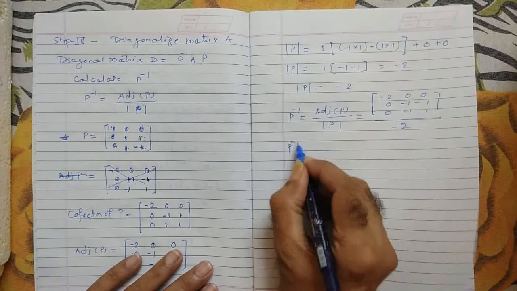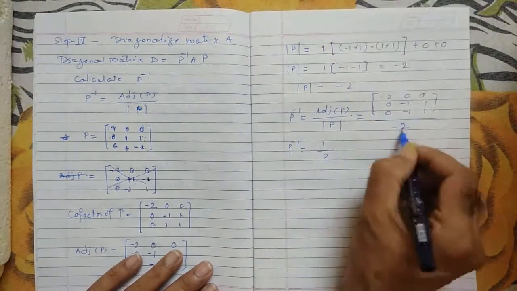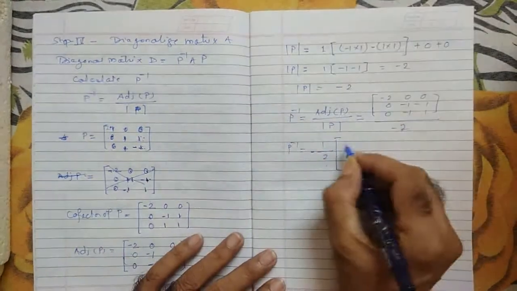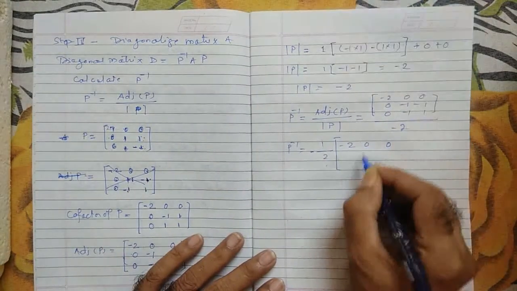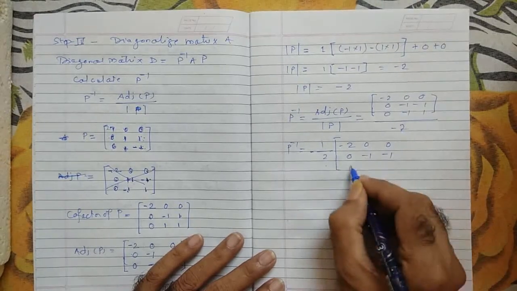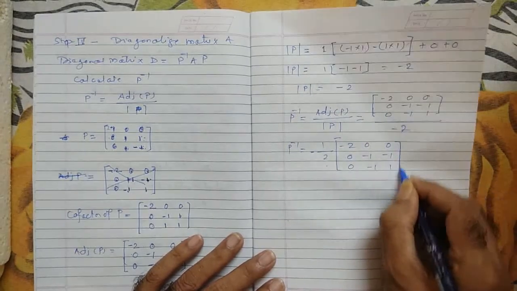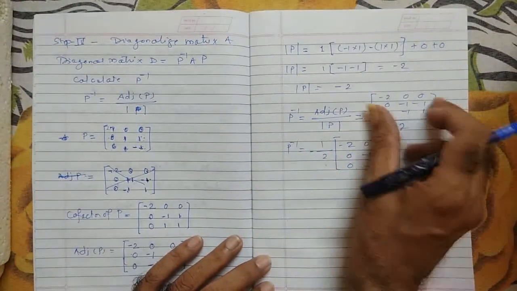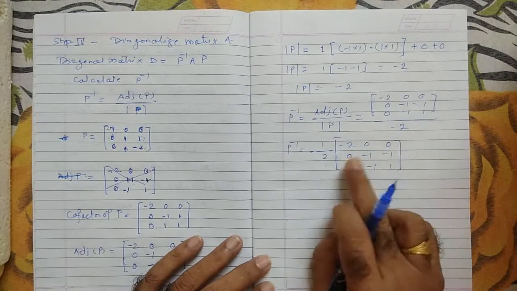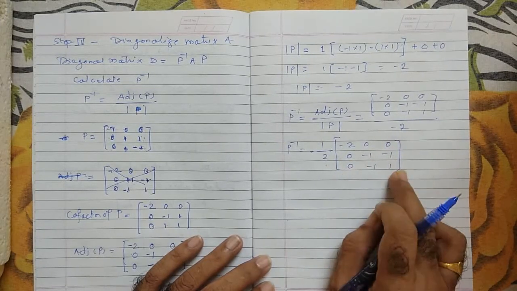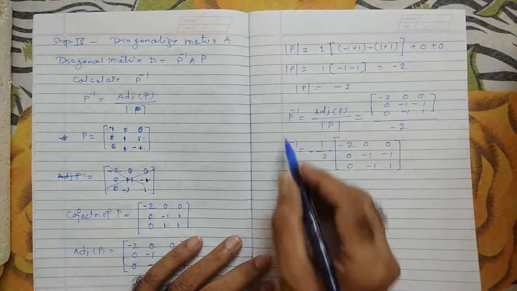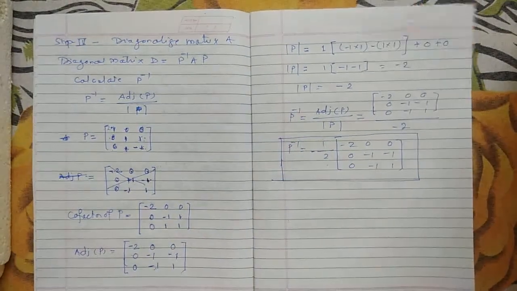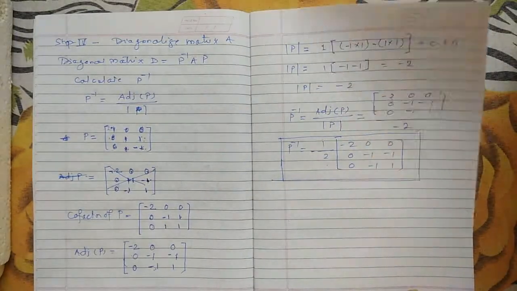So this P inverse is equal to, this is -2, so we can write 1/2 multiplied by -2 0 0 0 -1 -1 0 -1 1. I have taken 1 by -2, which is -1/2 here, and this matrix as it is. So this is my P inverse. I got P inverse like this.